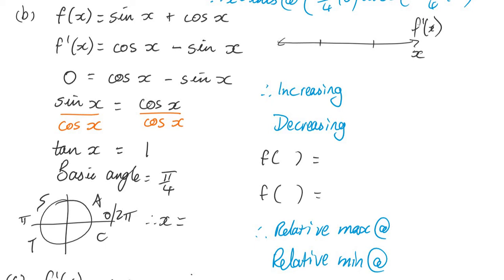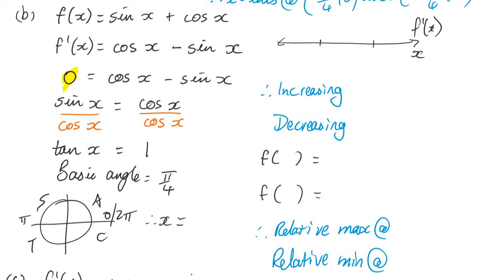Because of that, first thing I have to do is find the derivative. The derivative of sine of x is cos of x, and the derivative of cos of x is negative sine of x. And we set that equal to 0.